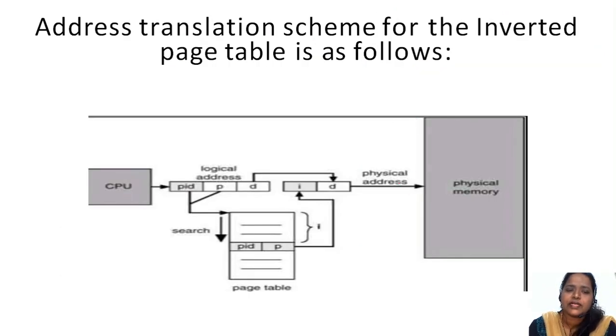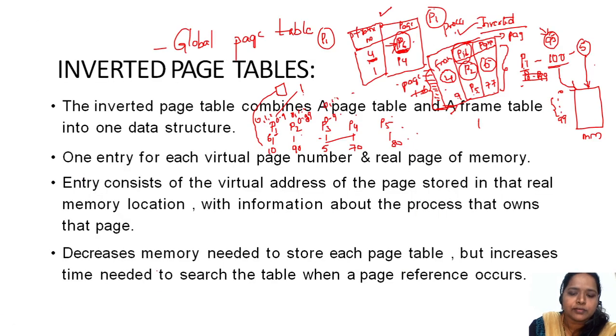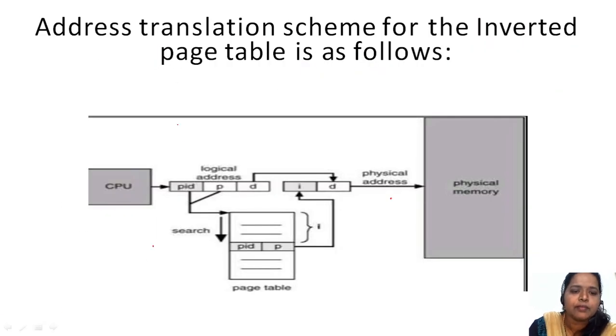See here that the CPU is going to generate a process ID, that means whether it is of process P1 or process P2 or process P3, and the page number, which page, whether it is the 0th page, first page, second page, third page, like that.